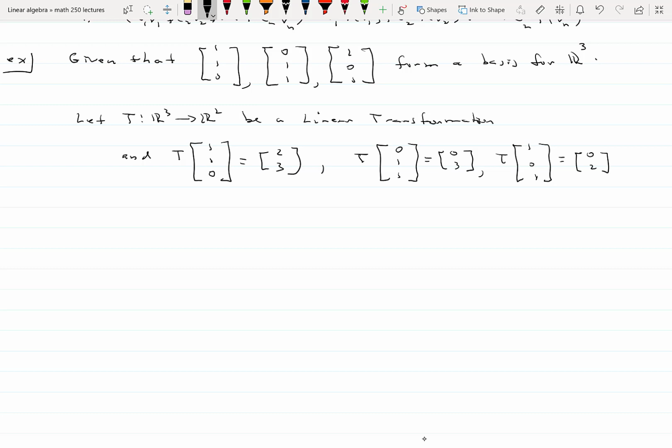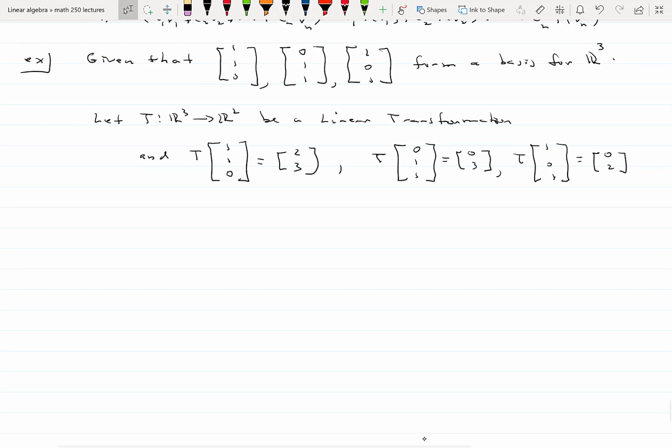I'm not giving a formula for the linear transformation T. I'm just saying let T be a linear transformation from R3 to R2, and suppose it takes the three basis vectors that I've identified and turns them into the three vectors in R2. From this, I want to find what T does to some other vector. I want to see what T does to the vector (1, 3, 0).